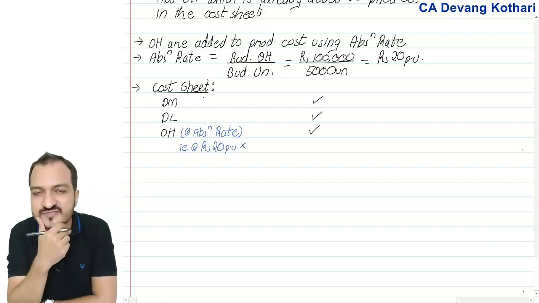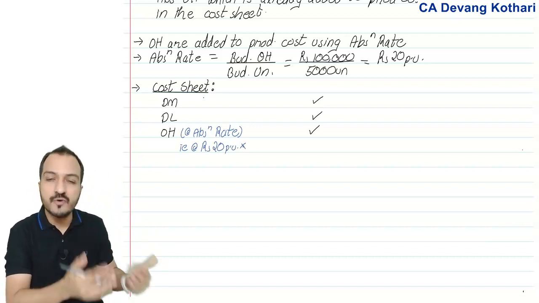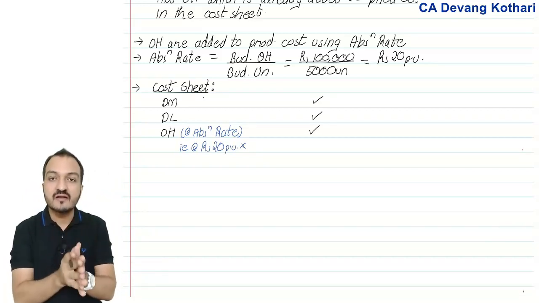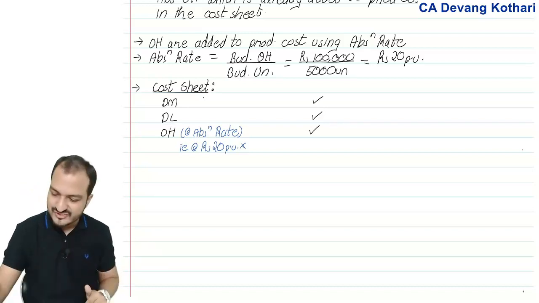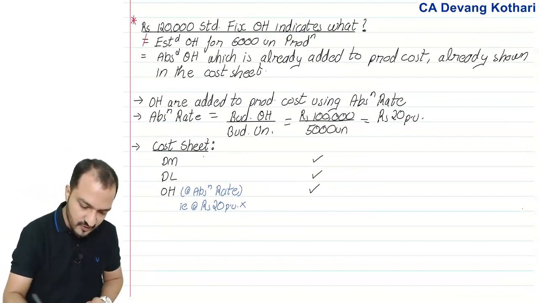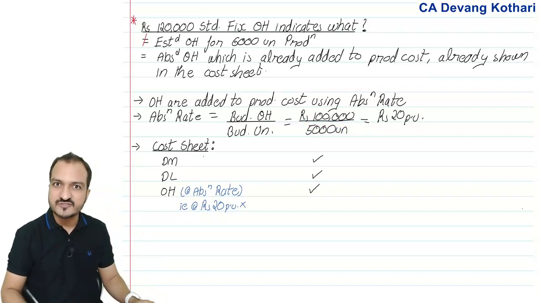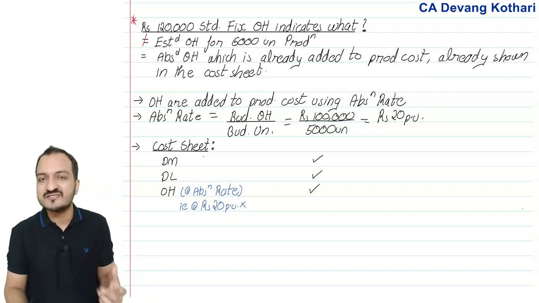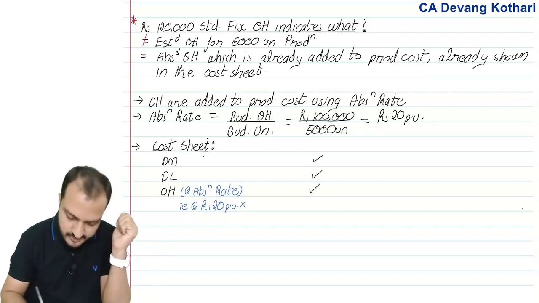For how many units? Well, my cost sheet will contain the absorption rate of 20 per unit for the units that you actually produced. My actual production in this question is not 5,000; it has been 6,000 units.